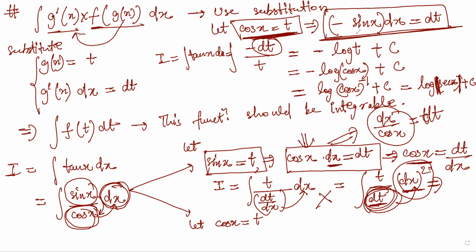See, we got sine x into dx. In the first part, we got cos x into dx, but we didn't have cos x into dx. We had dx by cos x. If we had dx by cos x here, then it would be a correct substitution. But in this case, no.